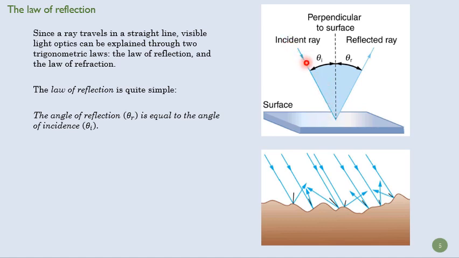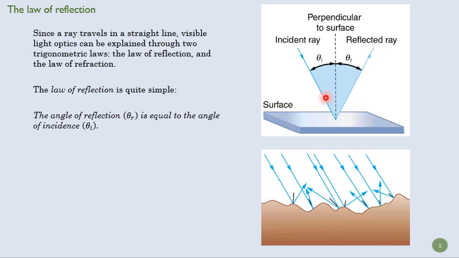Incident light means it's hitting a surface, so it's coming into the surface. And we always measure the angle from the normal of the surface, that is, the axis that is perpendicular to the surface. So if that angle is equal to theta incident, the reflected ray has the same angle, theta reflected.